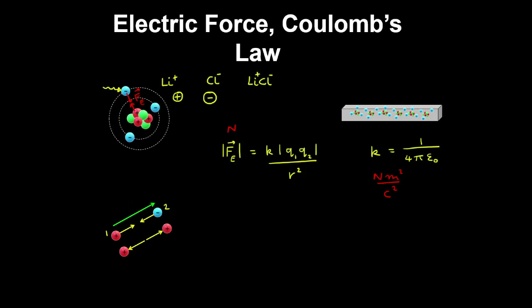Now the direction of the electrostatic force depends on the signs of the charges of the interacting objects, and it acts along the line of separation between the objects. So if we consider this as a radial vector from charge 1 to charge 2, then we can write this electrostatic force in vector form, being the electrostatic force exerted by charge 1 on charge 2.